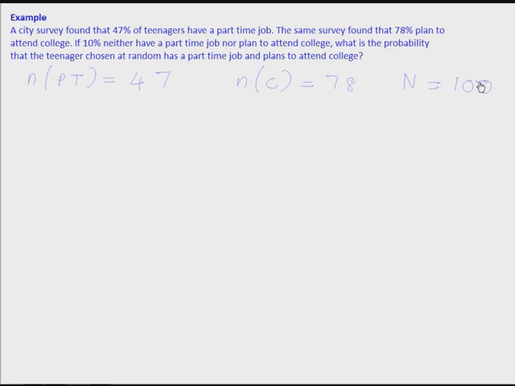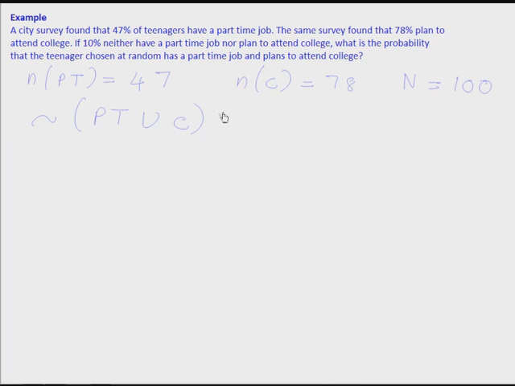So they are neither in the set PT nor are they in the set college. They're out of the set PT or college. They are the complement of the set PT union college. They neither want to attend college nor do they have a part-time job.